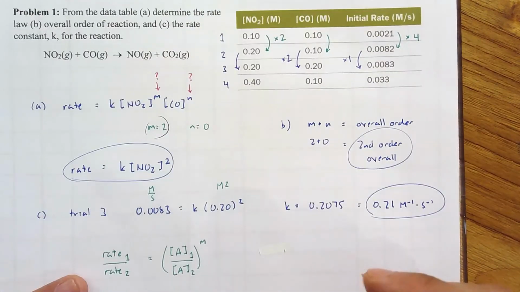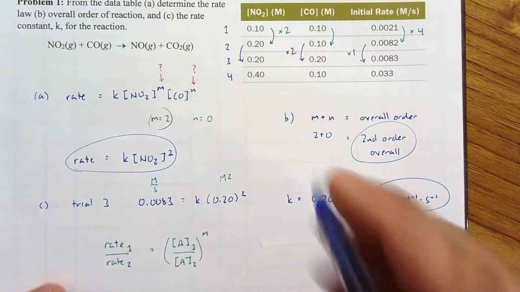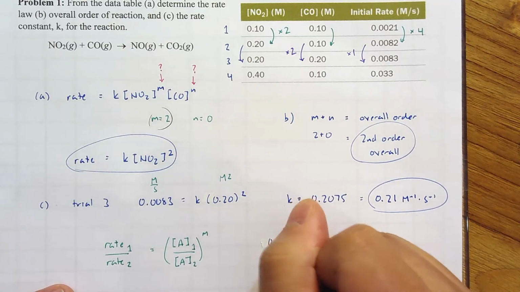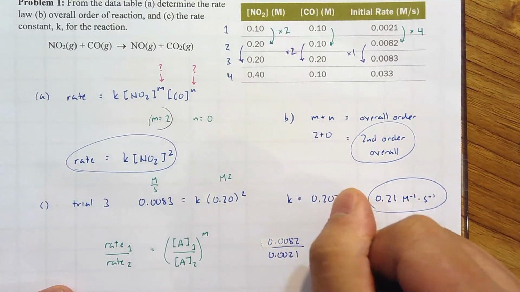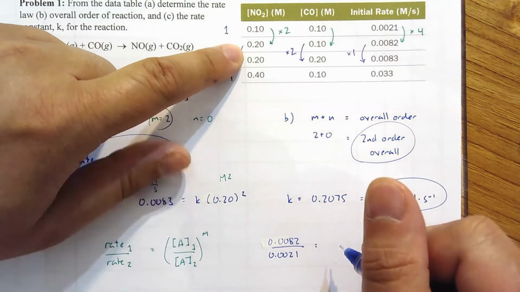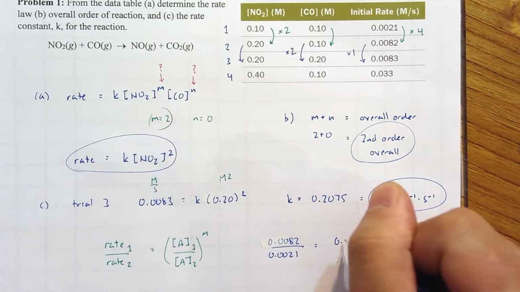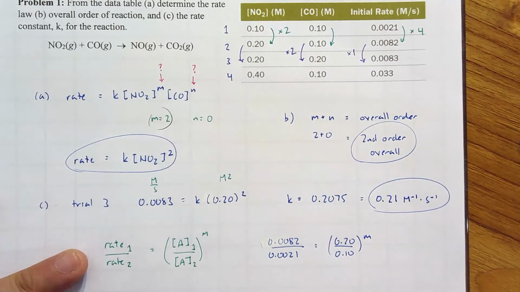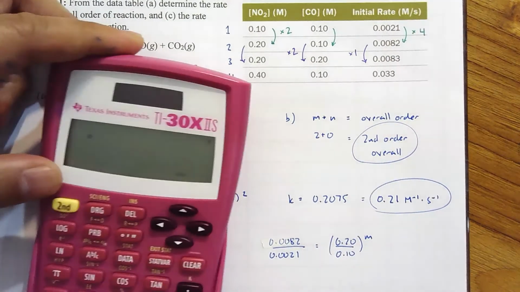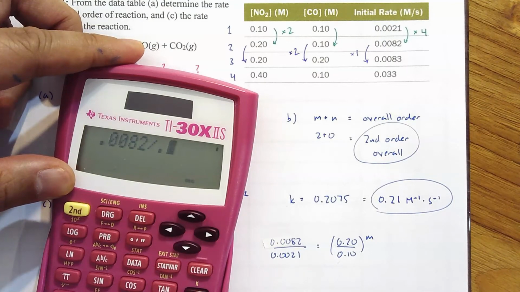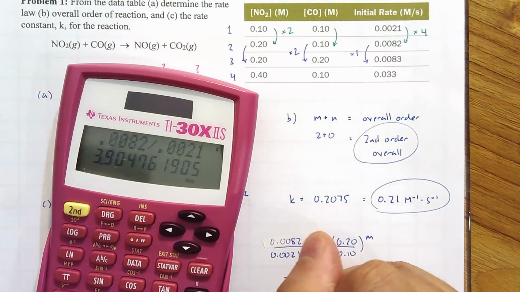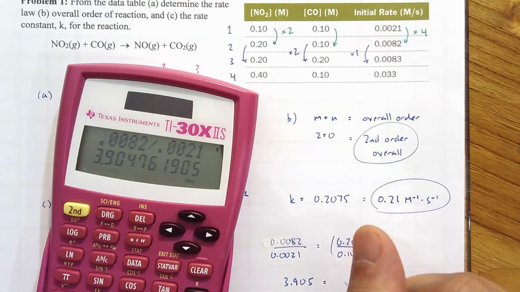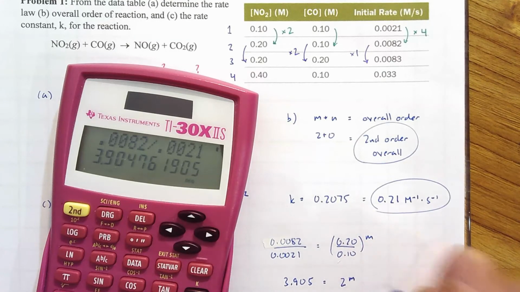This is 0.0082 divided by 0.0021 equals, now just remember we're using trial 2 on top, 0.20 over 0.10 to the m, and then we could go ahead and simplify. 0.0082 divided by 0.0021, so this is 3.905 equals 2 to the m.